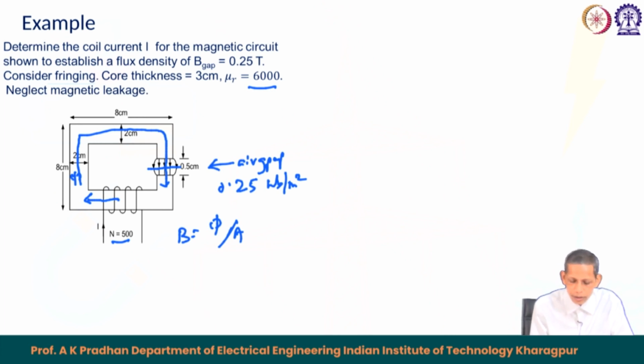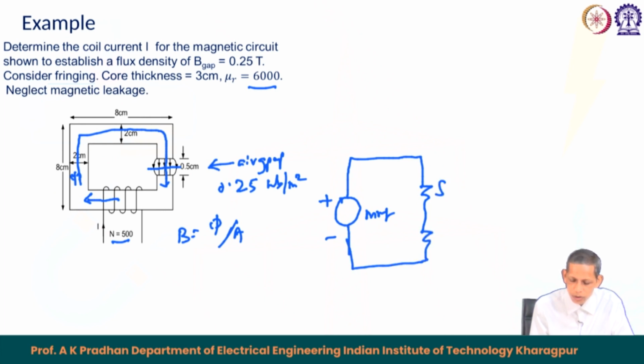So, in this case the magnetic circuit becomes an MMF plus minus, and then we have the path with two reluctances, one for the core part and one for the air gap part, and the flux through them, and this equals n into I. The question is to find the I for the given magnetic circuit.